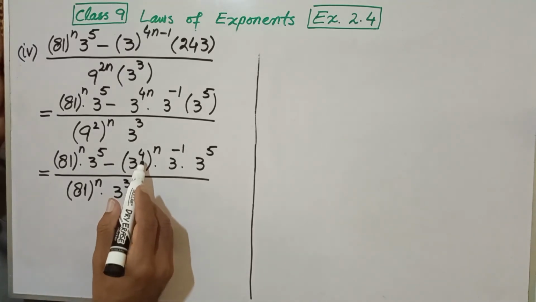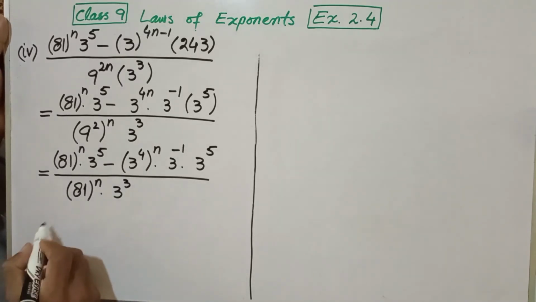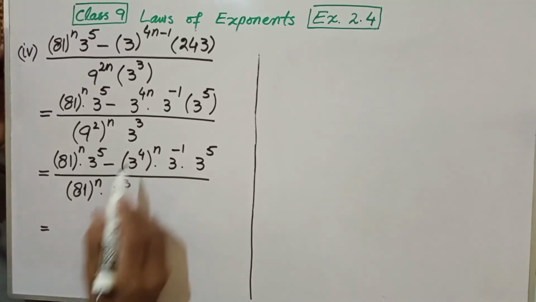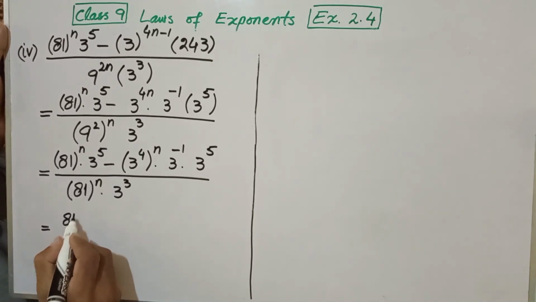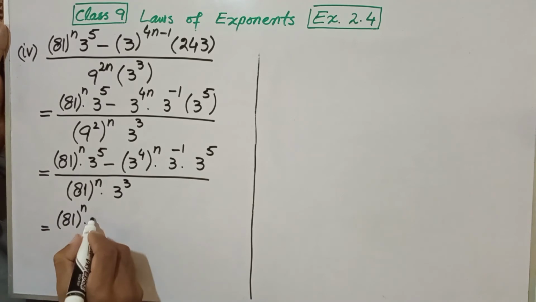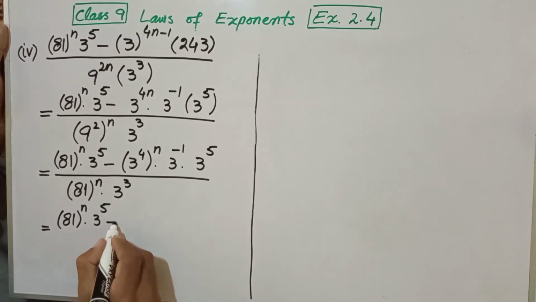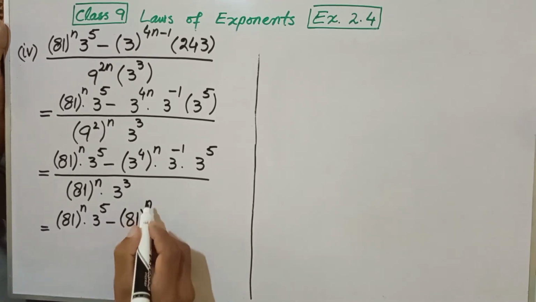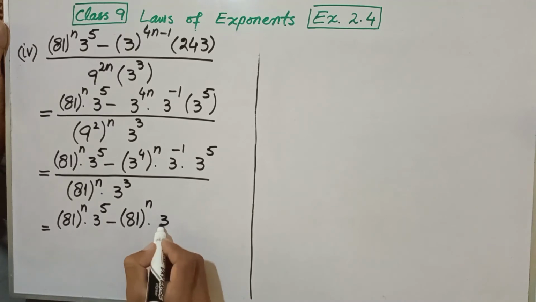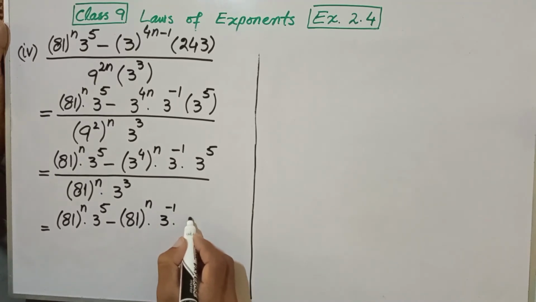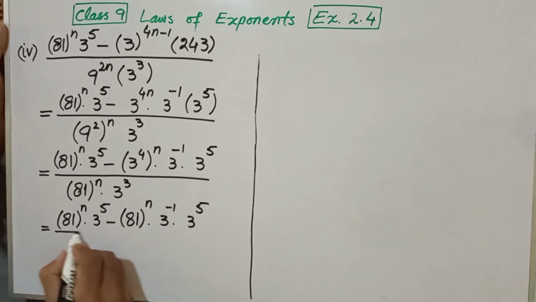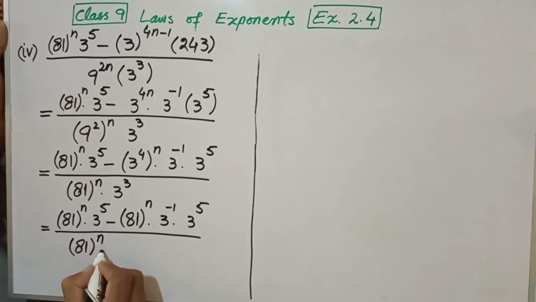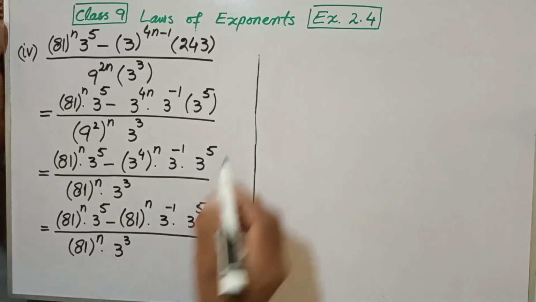Now 3 power 4, we know that this is also 81, because 3 3s are 9, 9 3s are 27, and 27 3s are 81. So 81 power n into 3 power 5 minus 81 power n into 3 power minus 1 into 3 power 5, divided by 81 power n into 3 power 3.